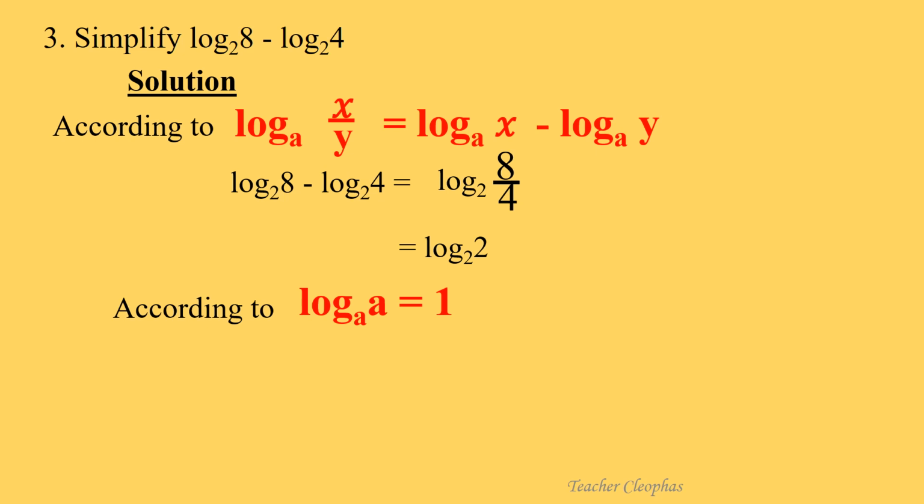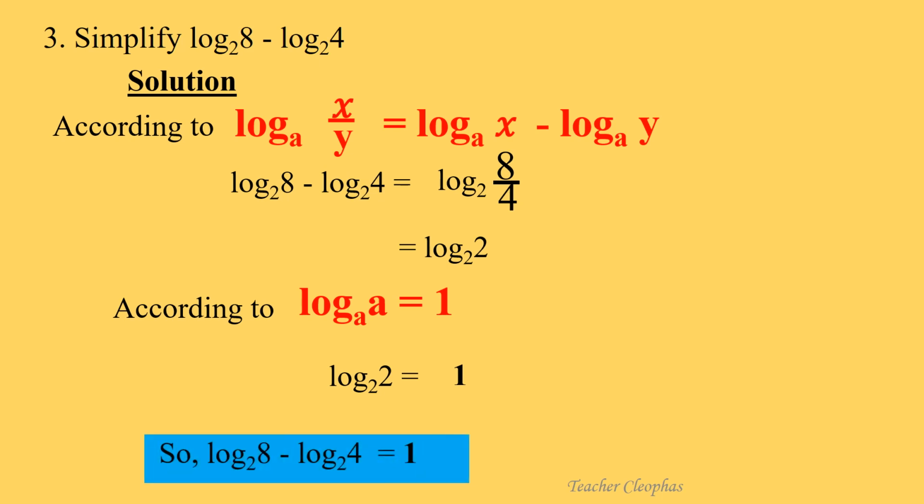So it implies that the logarithm of 2 to base 2 is 1. And so that means that the logarithm of 8 to base 2 minus the logarithm of 4 to base 2 equals 1. In other words, the answer to our question is 1.